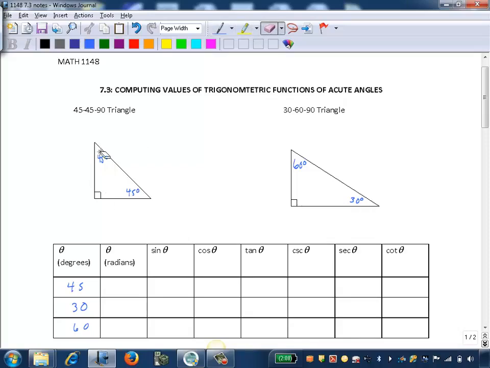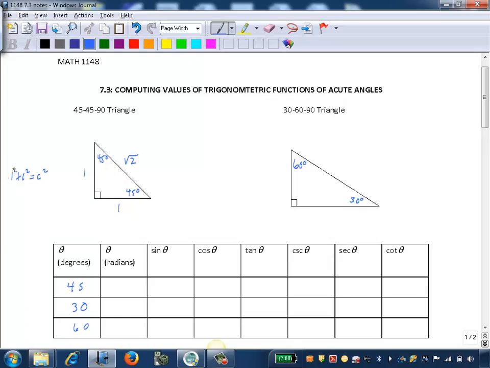In the 45-45-90 triangle, the sides are always in this ratio. If these 2 angles, 45 and 45, are equal, we know their opposite sides must be equal. So let's say these are both 1. If you do the Pythagorean theorem, 1 squared plus 1 squared equals c squared.